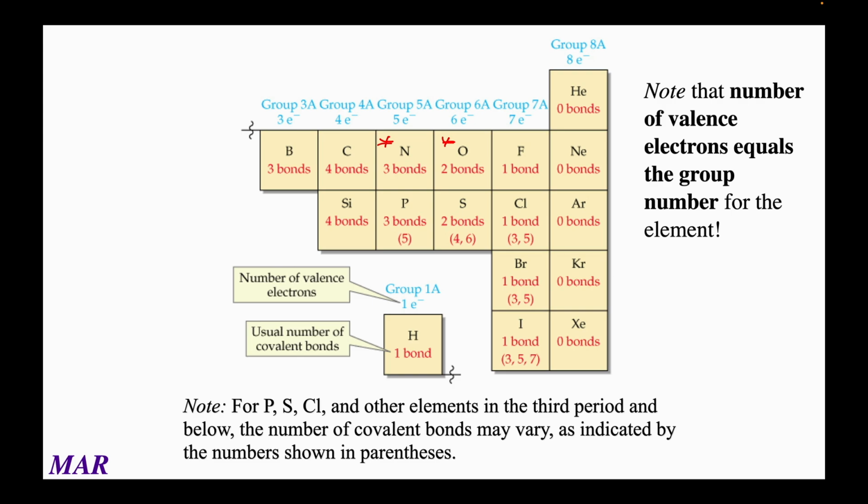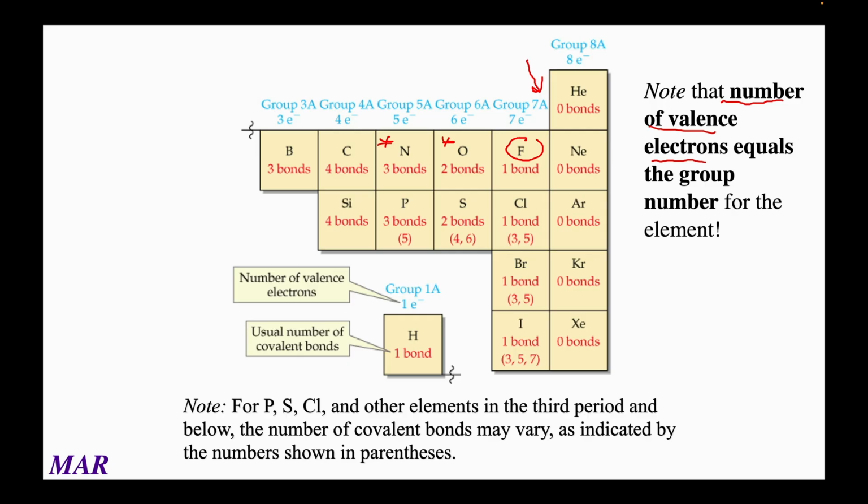Now, we're going to talk about this here in a little bit, which is the number of valence electrons. And the number of valence electrons is, first of all, equal to the group number. So if you were curious how many valence electrons fluorine has, you would look at that 7. And that 7 means 7 valence electrons.